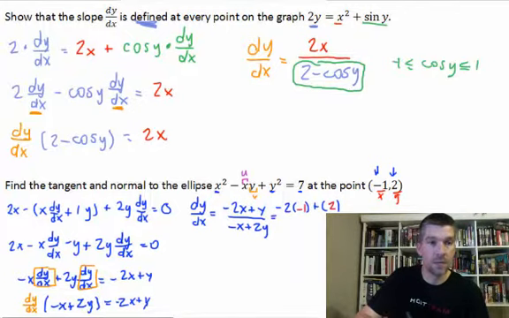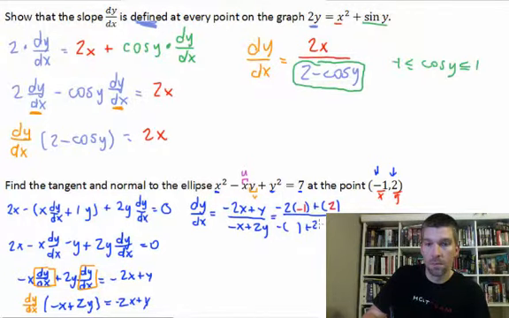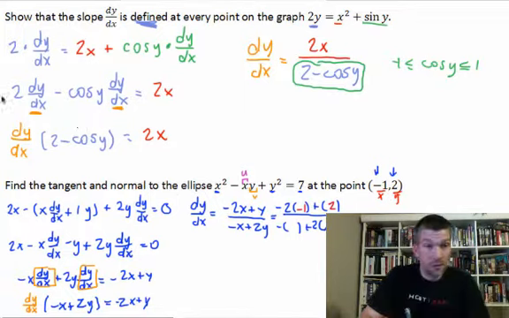And then also on the bottom, negative x plus 2y.